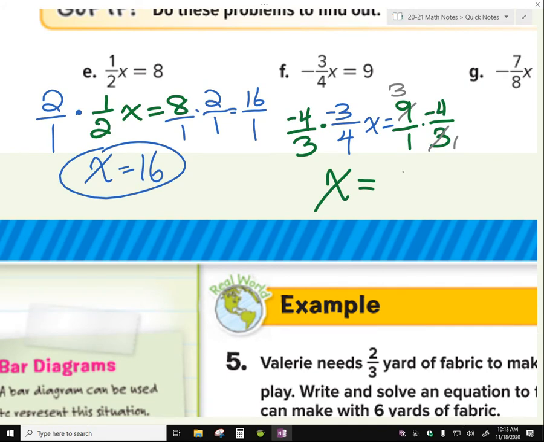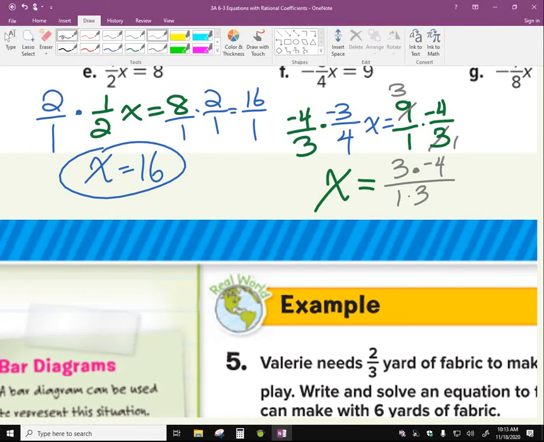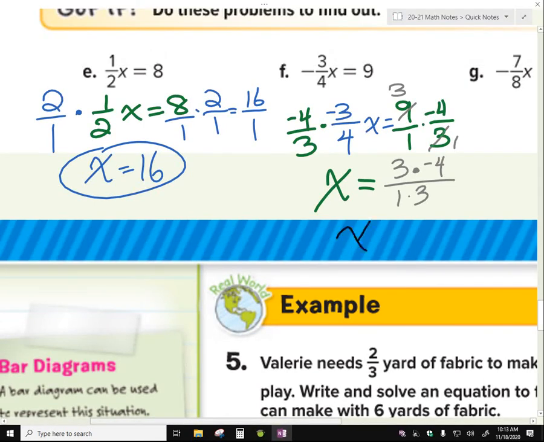So I multiply across. I'm going to write more than I really need to because this is being recorded. 1 times 3. So I get x equals negative 12/3, which is equal to negative 4.